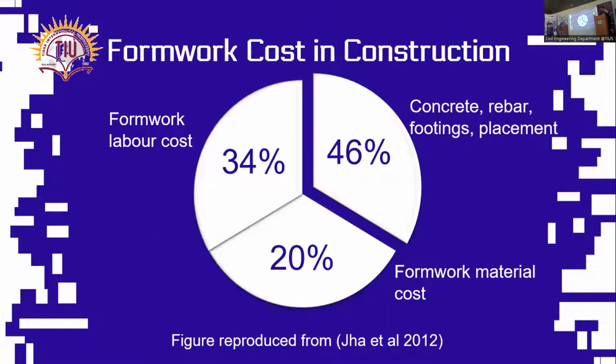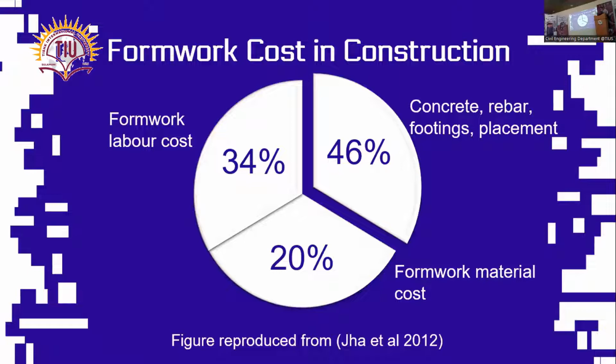The formwork cost in construction, if we are looking at this diagram, it shows us clearly that about 45% of the cost is in the formwork. How? The formwork's labor cost is about 34%, and the material itself about 20%.